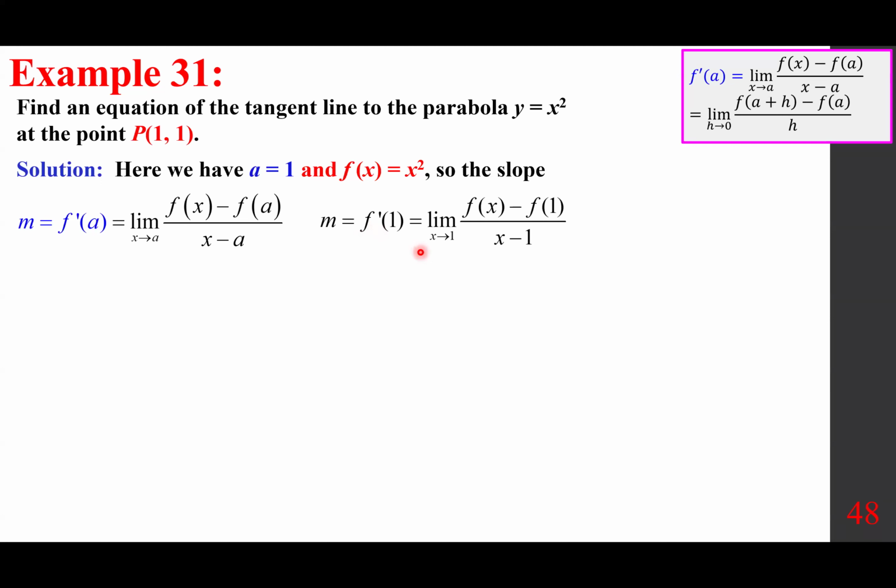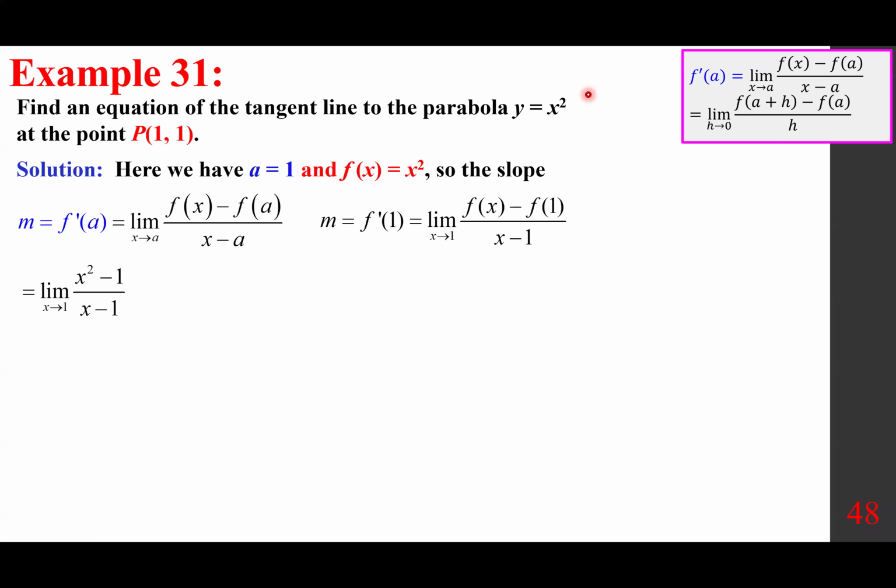So m equals f prime of 1 equals limit of f of x minus f of 1 over x minus 1 as x approaches 1. f of x is x squared, and f of 1, you can plug it in, but it's been given. And again, I told you before, you don't have to be given the pair. If they give you x, you can plug it in and find y. So you have that. And I hope you realize if you plug in, you get 0 over 0.